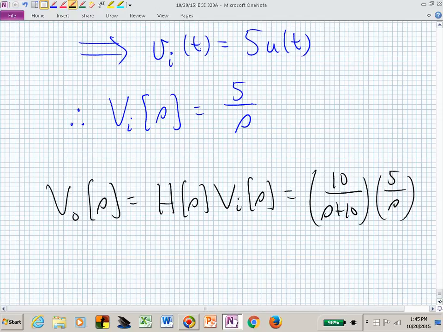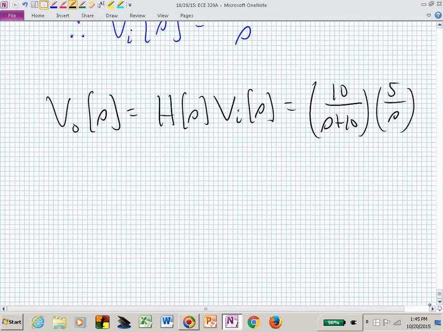And do you now see the structure of the time domain waveform for V sub 0 of S? What's the partial fraction expansion of capital V sub 0 of S? What are the terms? How about if I switch them around on you? Does everybody see that? Now what's A?